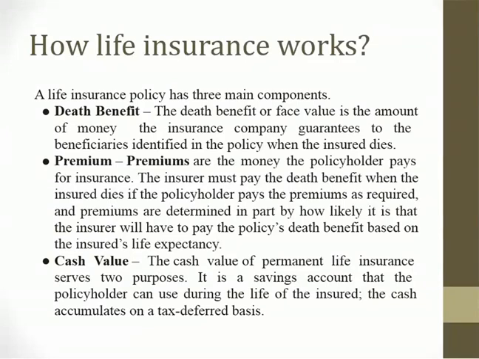Premiums are the money the policyholder pays for insurance. The insurer must pay the death benefit when the insured dies if the policyholder pays the premium as required, and premiums are determined in part by how likely it is that the insurer will have to pay the policy's death benefit, based on the insured's life expectancy.